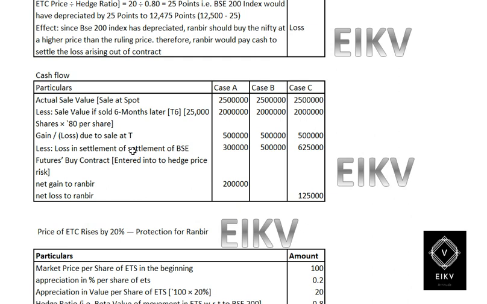Less the loss on settlement, which would be 3 lakh, 5 lakh and 6 lakh 25,000, on the future contract entered into for the hedge ratio risk. So net gain would be plus 5 minus 3, which is 2 lakh, here we have 5 lakh each, and here we have plus 5 lakh minus 6 lakh 25,000, that is negative 1 lakh 25,000, which is a loss.